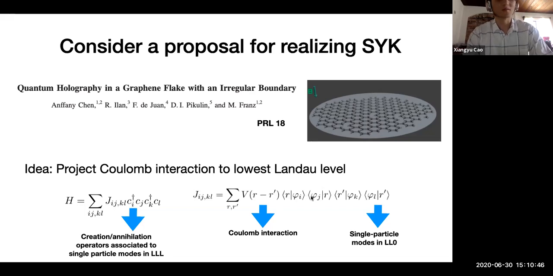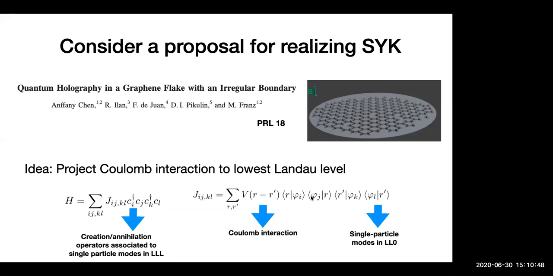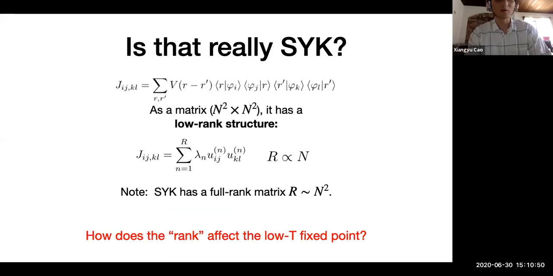So I guess this is a very good question. Thank you for that. What I'm pointing out is one flaw in their analysis or their mapping from this realistic model to SYK, and you could argue that there are other loopholes, which, for example, include the Coulomb interaction not being long range enough, but I'm not going to address that.